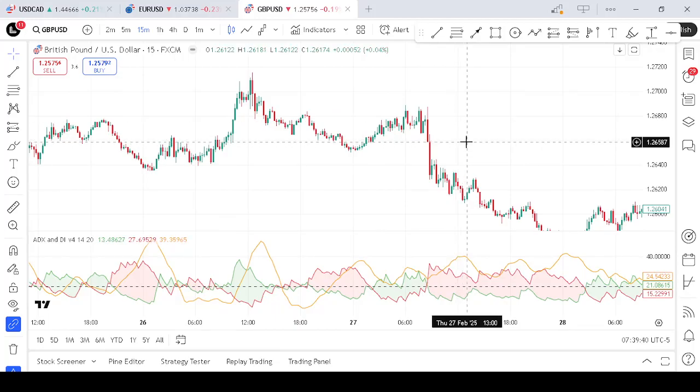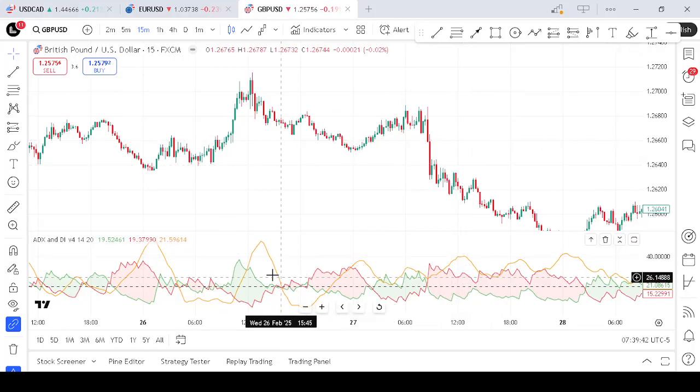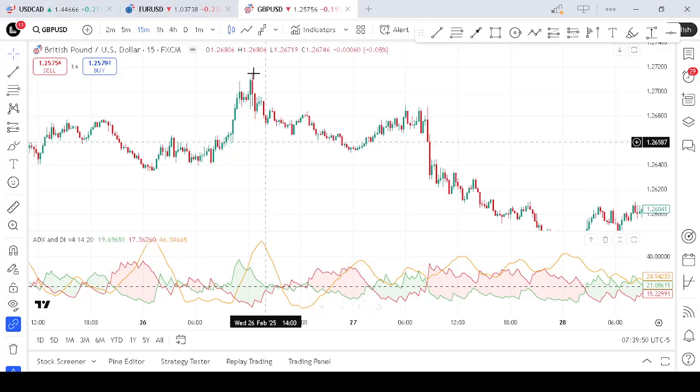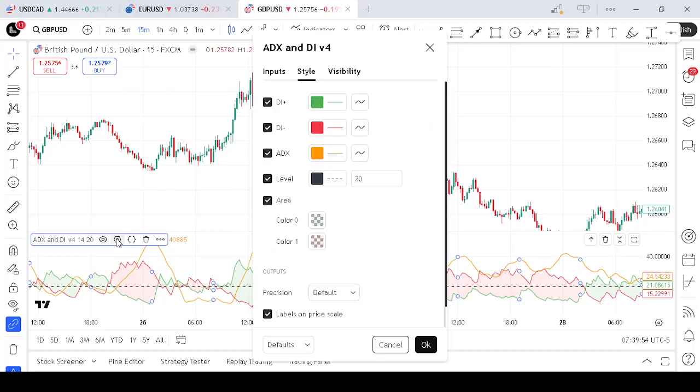The ADX indicator consists of three lines. The main line is the ADX line, typically a black line, or in this case a yellow line. Let me set it to a black line to make it easier for you.